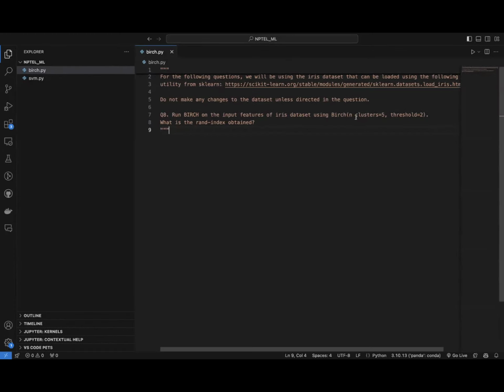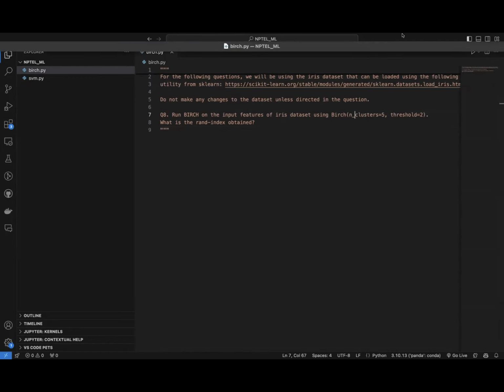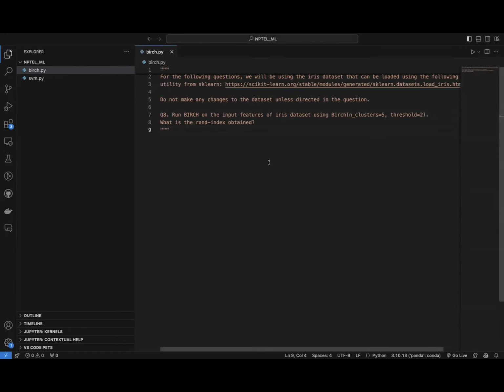So find what is the rand index obtained for the bridge algorithm. You try to solve this, and I will solve this one in a while. I think this is n clusters. So you can try it right away on your system, or you can try it in Google Colab.